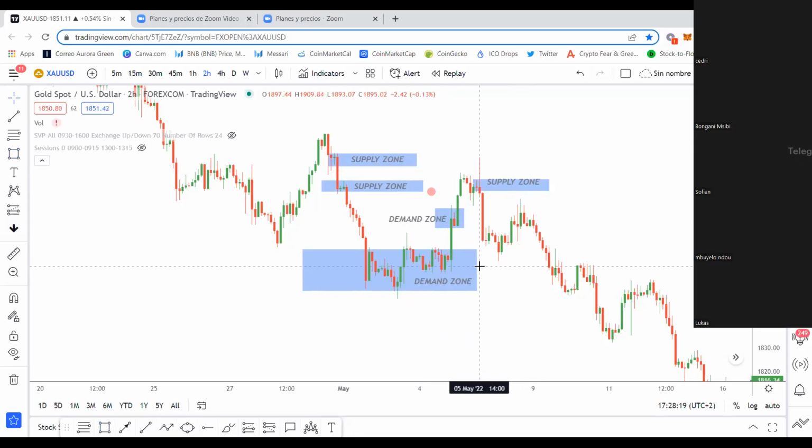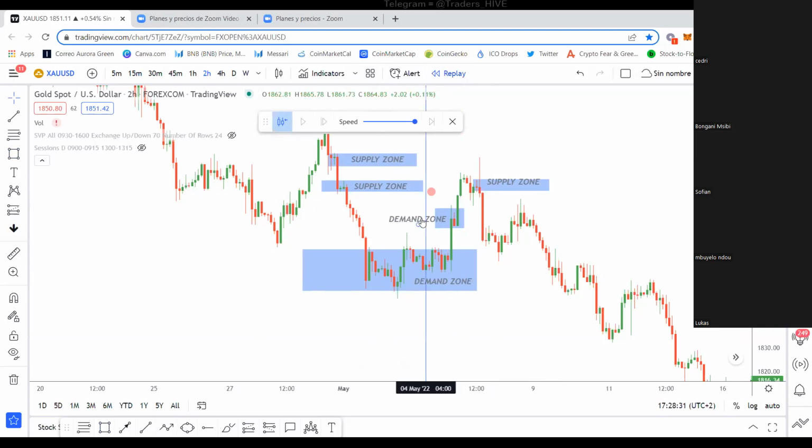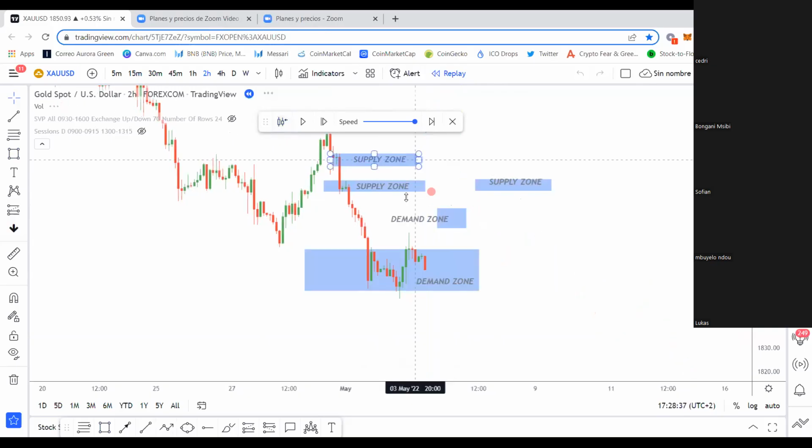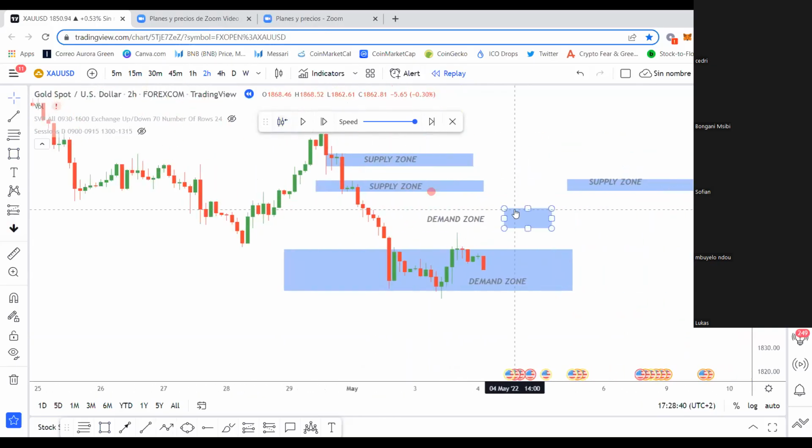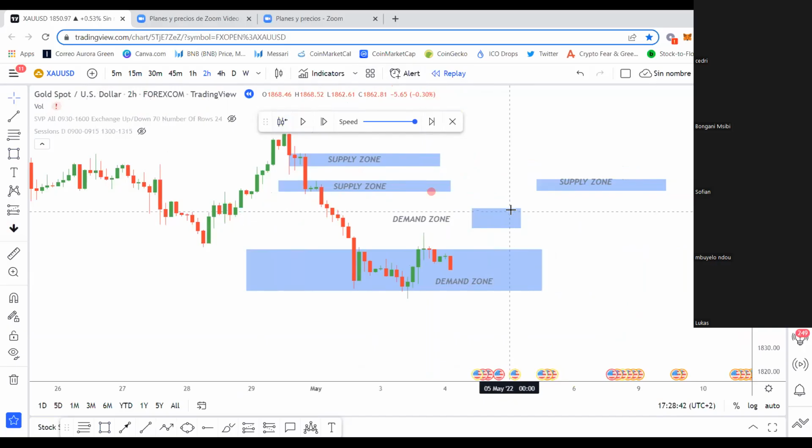Okay, so now how are we going to know which levels to trade? If I'm going to trade, let me add the replay. Let's imagine price is here.